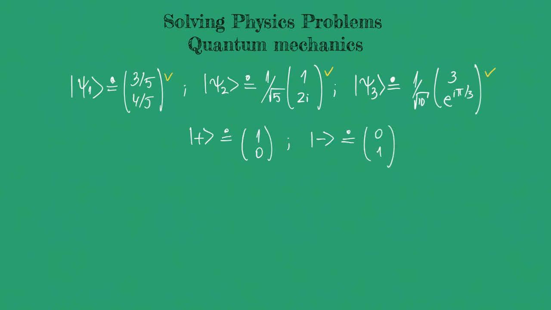Therefore, the respective bras of these kets are bra plus, represented by this matrix, and bra minus, represented by this matrix. Since, let me put it to you this way, bra is the complex conjugate and the transpose of the column vector representing the corresponding ket. Exactly what I did here.